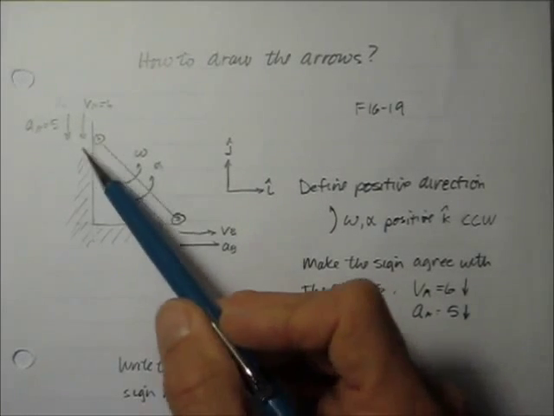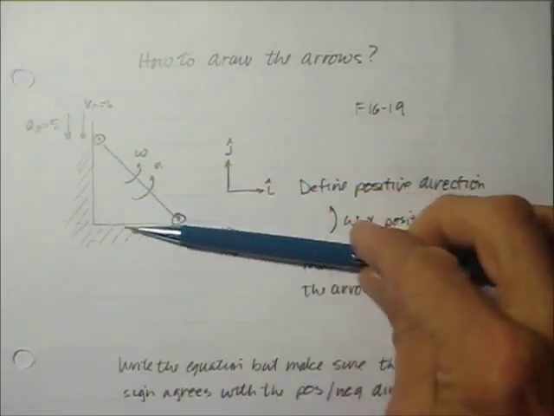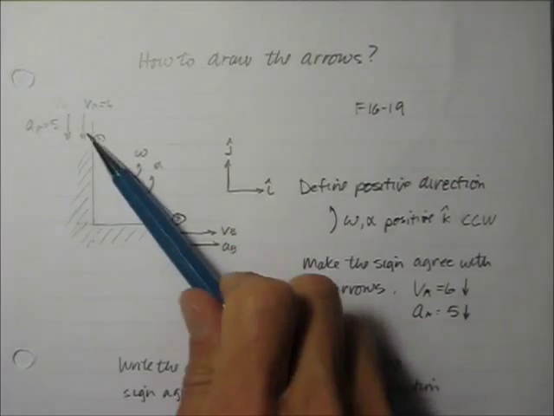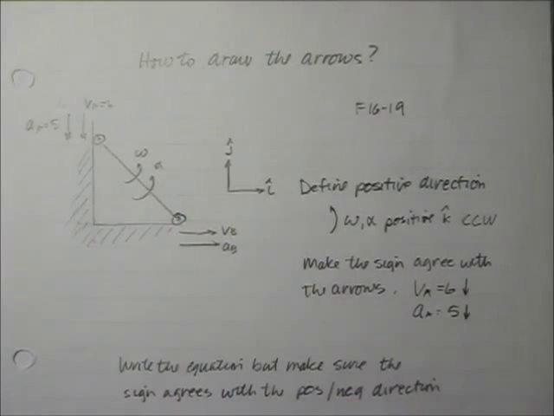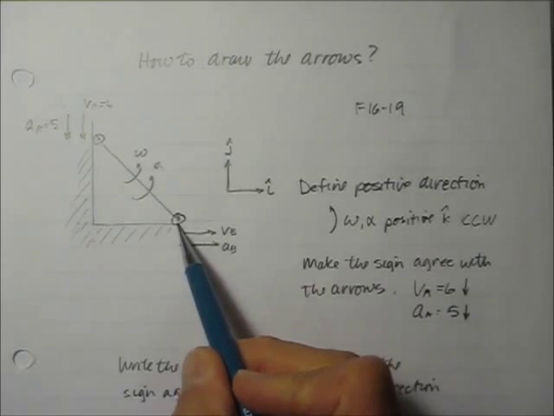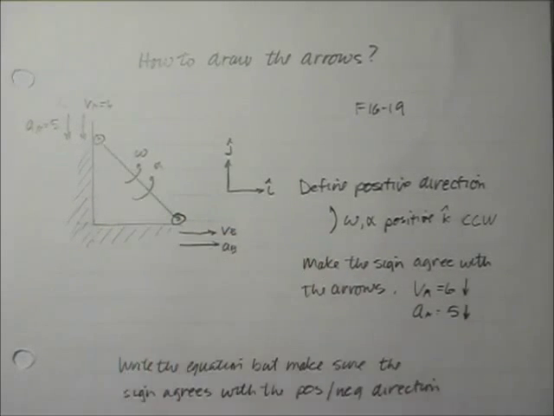All right, and what we've got here is just a little picture of an object that is falling under its own weight, and it's falling down this way, this end of the object. This is a kind of a roller on the end of a stick or a ladder or something like that. But at any rate, in the problem we'll suggest that the velocity of B is going in that direction, and then the velocity of this end, A, would be going down that way.